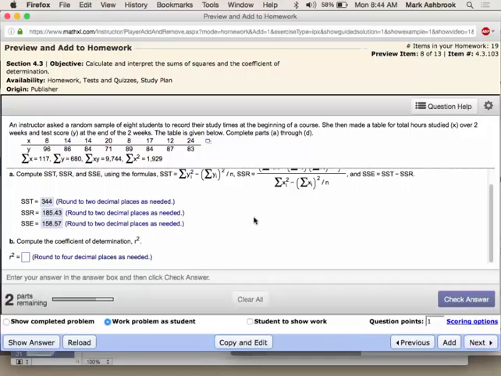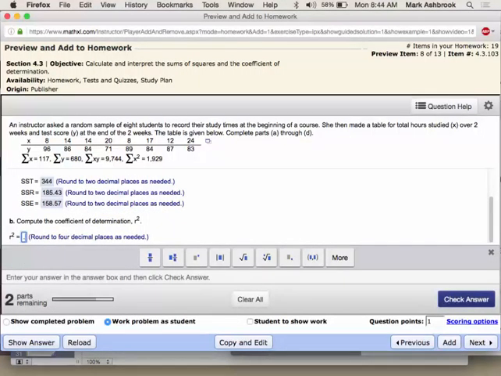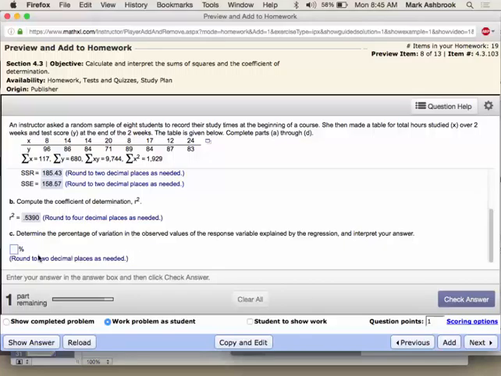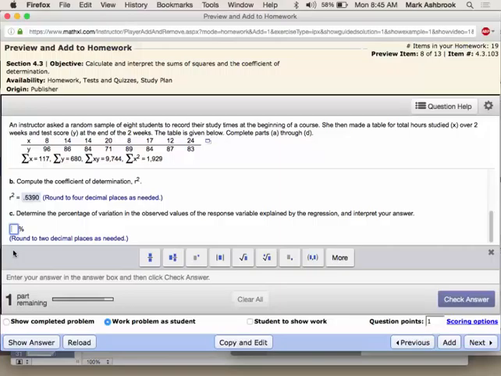Okay, what did you guys get? 4 decimal places. 0.5390. Is that what you guys got? People are nodding. Okay, cool. And what's the percentage of variation due to the regression? 53.9.